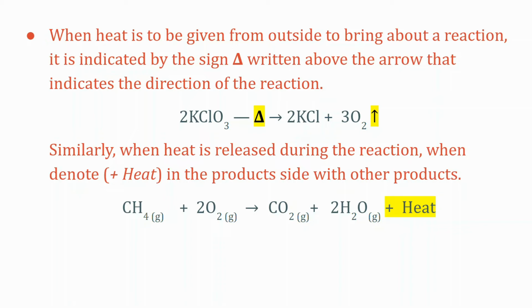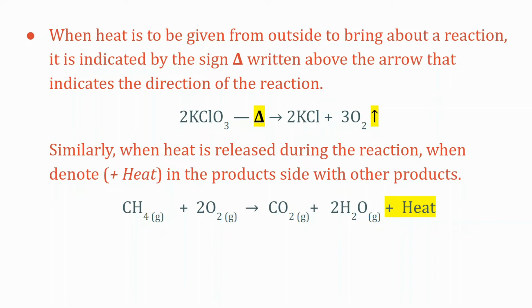So please make a note of these 2 points which are really important. If there is a gaseous product formed, it is shown by an upward arrow. But if there is a formation of a new product which is a precipitate, then it is shown by a downward arrow.